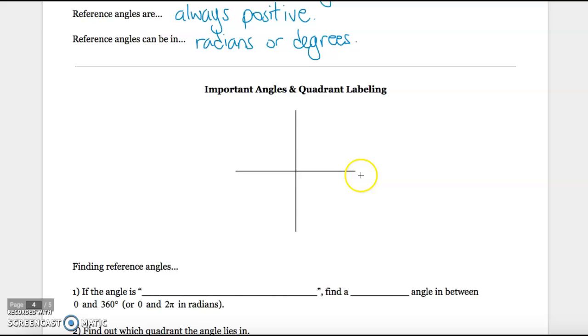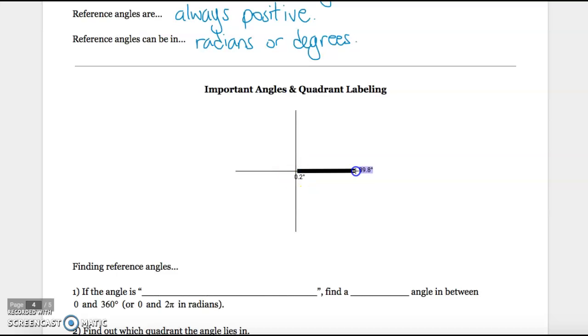So for example, since this side is where we always start off, right here, that's always our initial side, right? There we go.